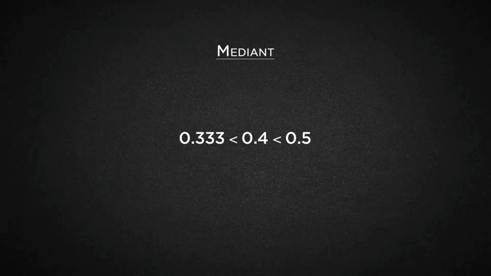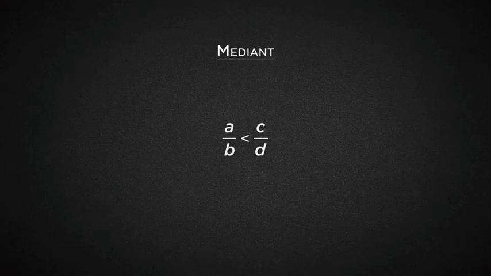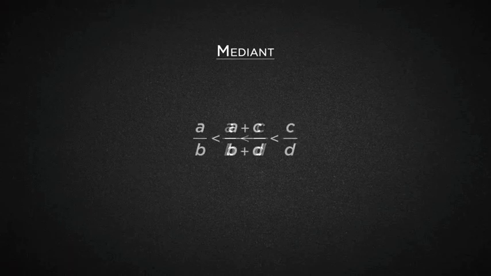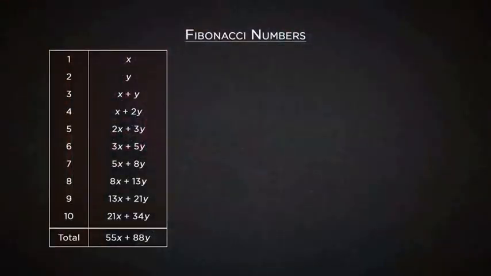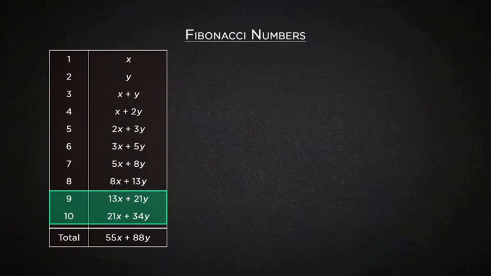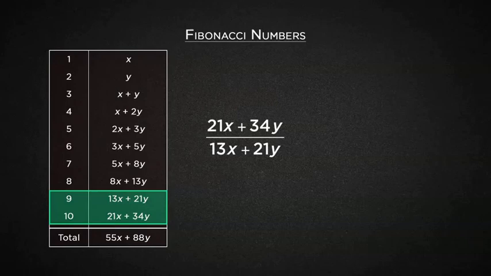In general, for any positive numbers a, b, c, and d, if the fraction a over b is less than the fraction c over d, then the mediant, which is a plus c over b plus d, will always lie between them. I'll leave the reason for this as an algebra exercise, but let's see how this applies to our magic trick. When we divide row 10 by row 9, we're looking at the quotient 21x plus 34y divided by 13x plus 21y.